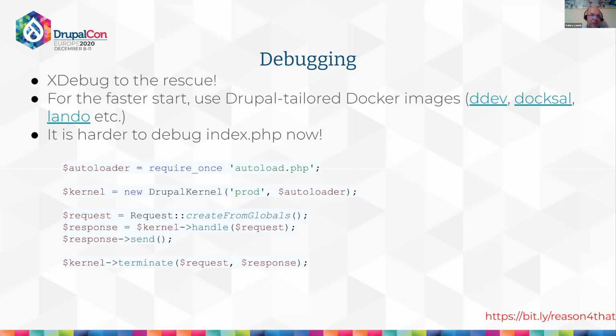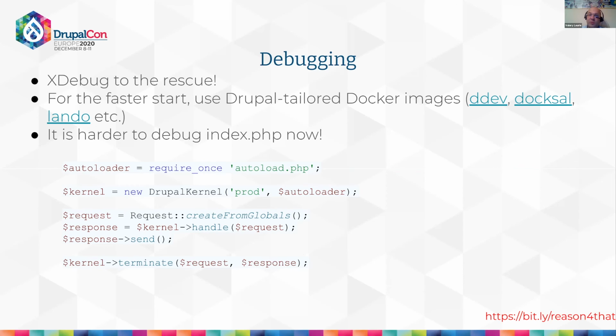So if you don't have a local installation of Drupal and want to debug things and see what happens inside every Drupal request, every HTTP request, you should use Xdebug, and you should use it inside a Docker container. That's the faster start. So if you have already worked in a local environment and you use MAMP or XAMPP or any other stack that works locally on your computer, that's fine.